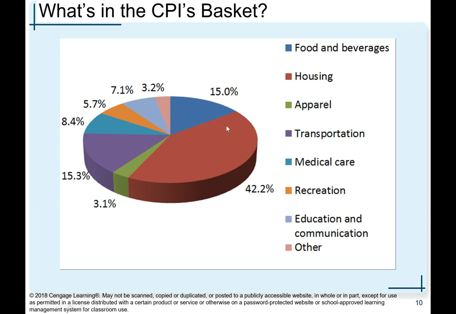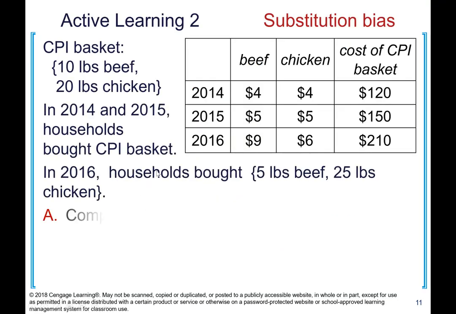And as you can see, housing takes a lion's share of a middle class budget in America. Looks like 42% of the budget goes to housing, followed by food and beverages and transportation, then the others. Okay, so at least you know what is in the consumer's basket. That is what we are following here.